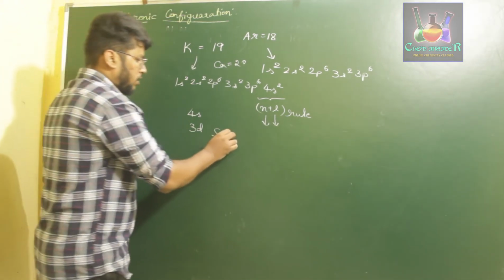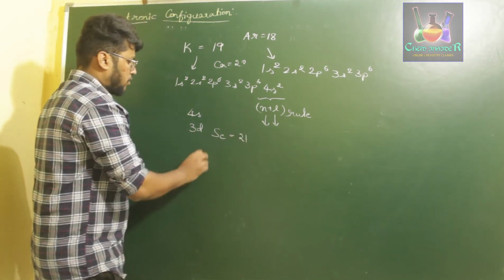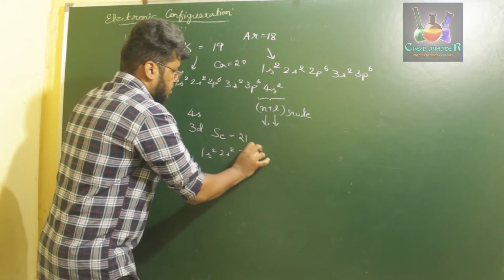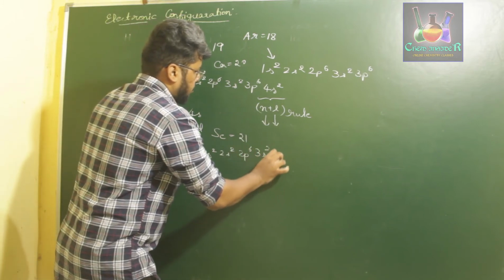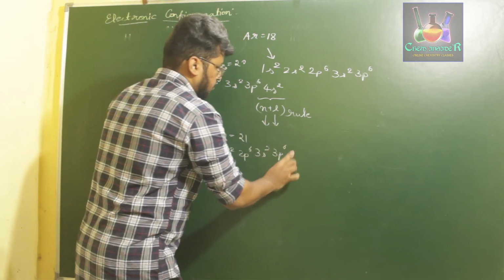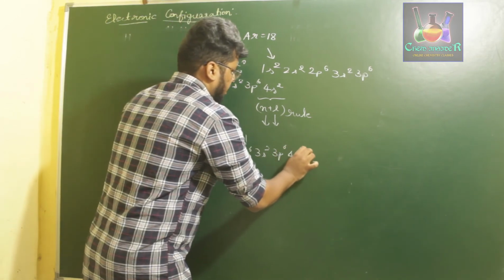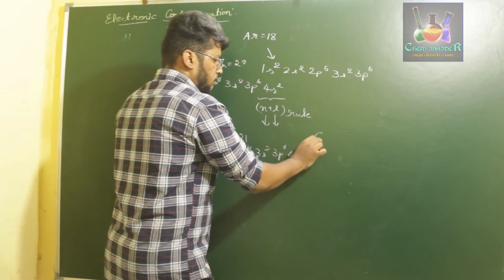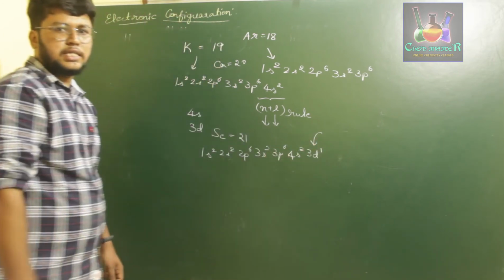Scandium with atomic number 21 has electronic configuration 1s2, 2s2, 2p6, 3s2, 3p6, 4s2 and 3d1. Now we come across a new series of elements, that is the d series.